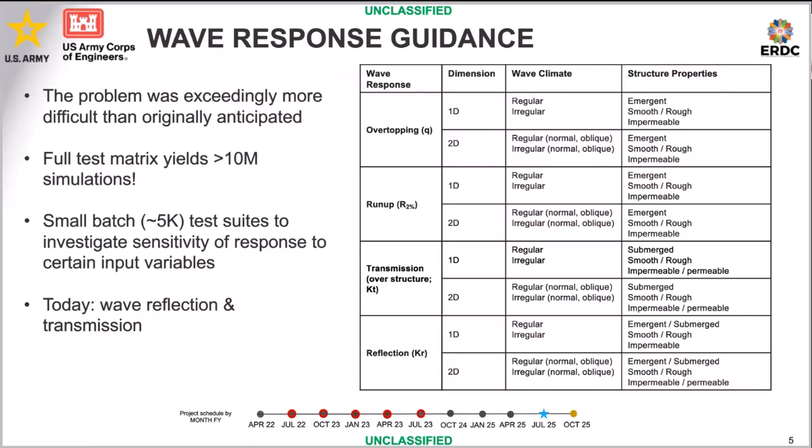Towards the wave response guidance, on the right-hand side is the full range of what we wanted to more or less test or evaluate per wave response. We wanted to look at 1D and 2D, regular or monochromatic wave conditions versus irregular or spectra conditions.